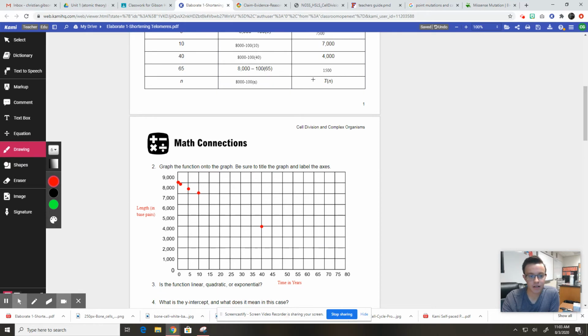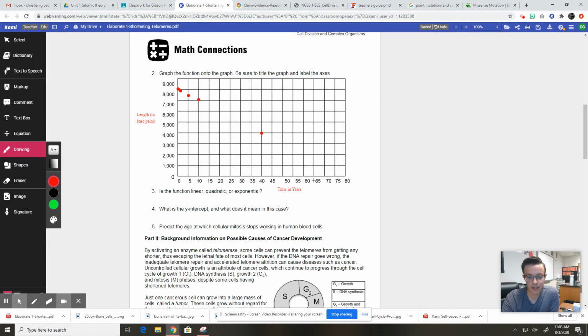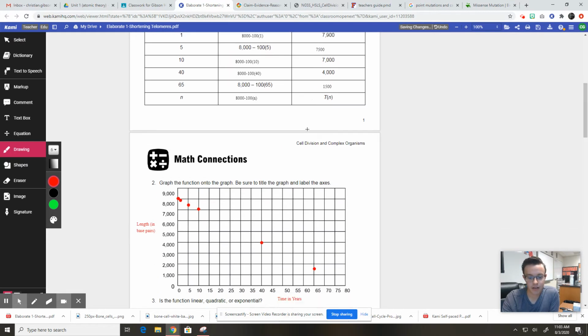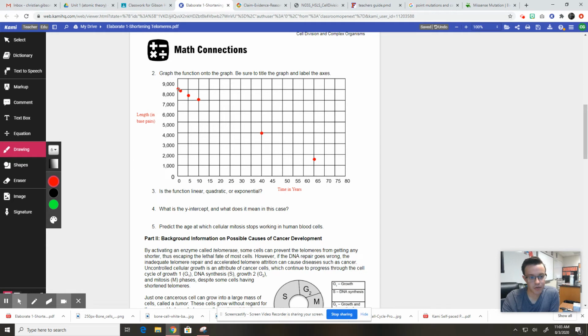And at year 65, we're at 1,500. Which is right here. And now as we connect the dots, all right, so there's our line.